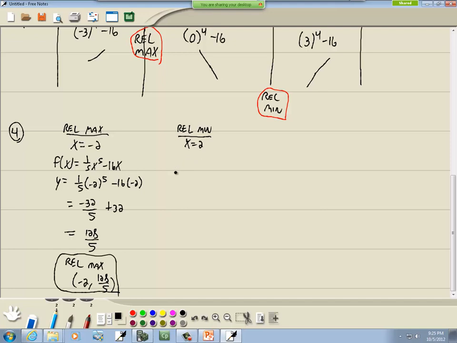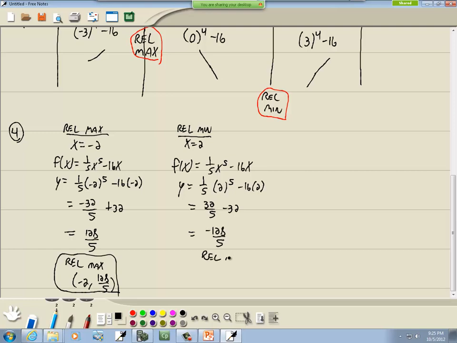Let's do our relative min. Again, we're going to plug that back into our original function to find out our y value. So we've got 1/5 times 2 to the 5th minus 16 times 2. That gives us 32 over 5 minus 32. Negative 32 over 5 is negative 160 plus 32 gives us a negative 128 over 5.